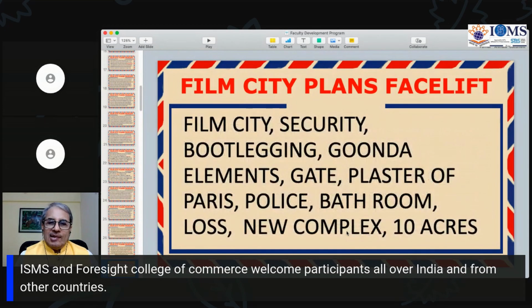Now look at this last slide. Whatever are the keywords, I have put them in one slide. Film city, security, bootlegging, gunda elements, gate, plaster of Paris, police, bathroom, laws, new complex, 10 acres.